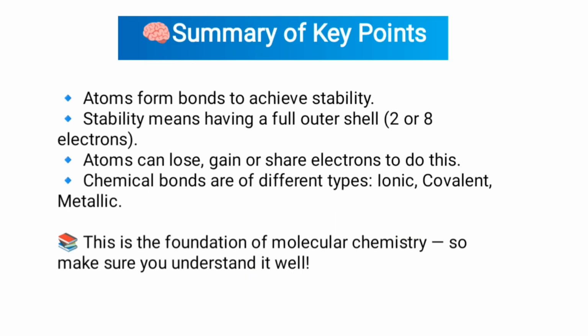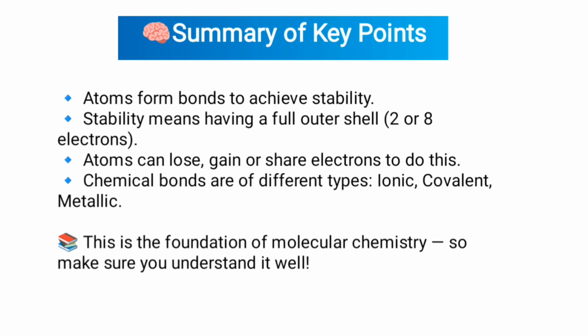Dear student, summary of key points. Atoms form bonds to achieve stability. Stability means having a full outer shell, 2 or 8 electrons. Atoms can lose, gain, or share electrons to do this.